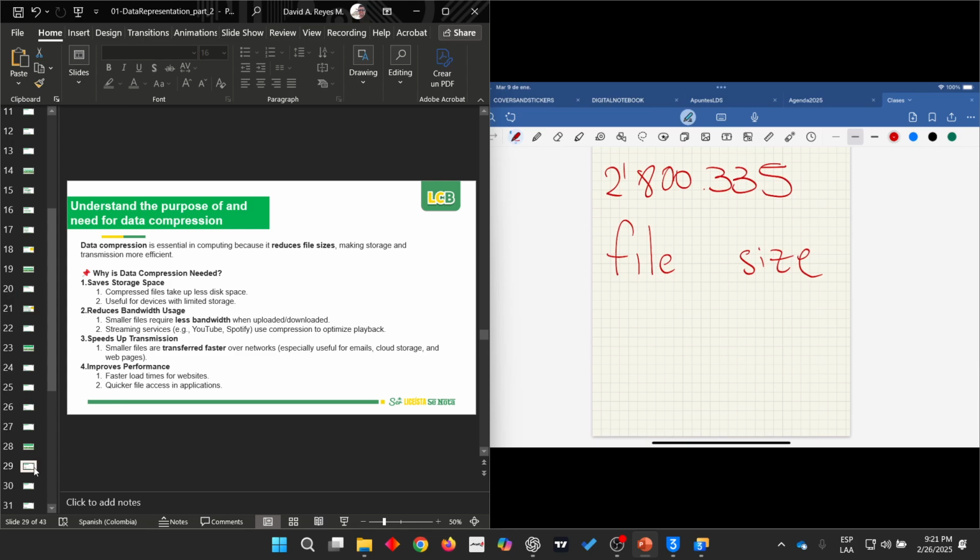So we need to compress the files. Data compression is essential in computing because it reduces file sizes, making the storage and the transmission more efficient. Okay, so let me explain you by making a drawing.